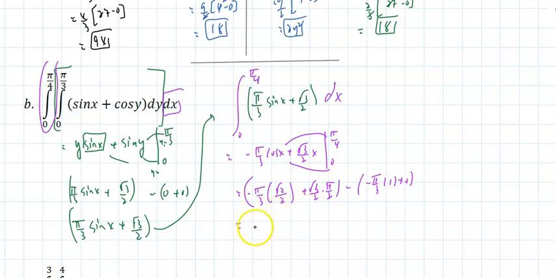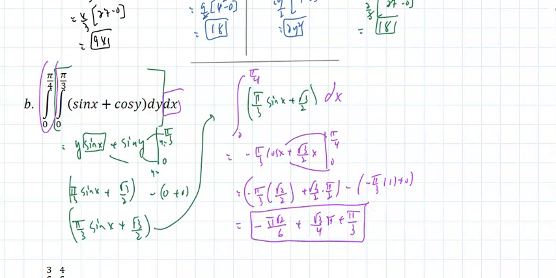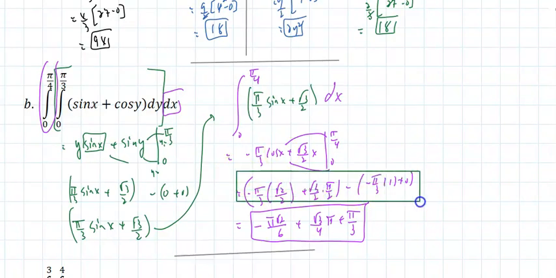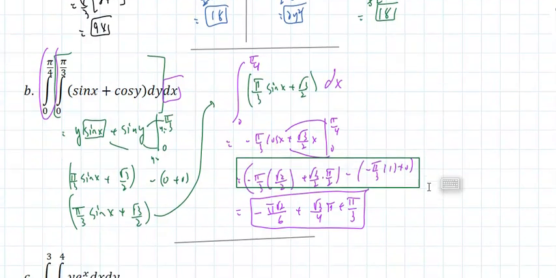So my final answer will be negative pi radical 2 over 6 plus radical 3 over 8 pi plus pi over 3. You can get a common denominator, factor a pi out, you could have a lot of fun with that. Now on a test, this is all I want. Once you get me the actual values, leave it alone and move on.